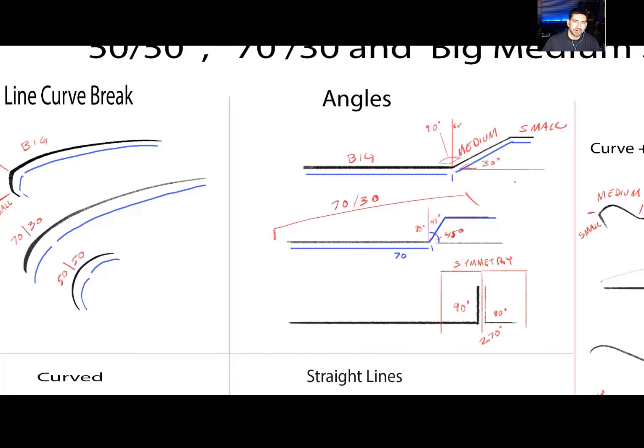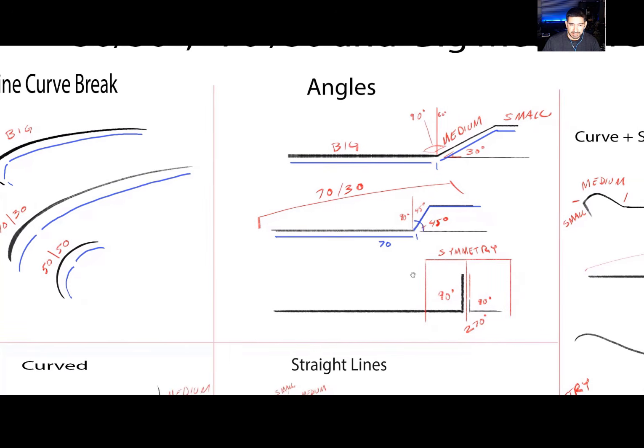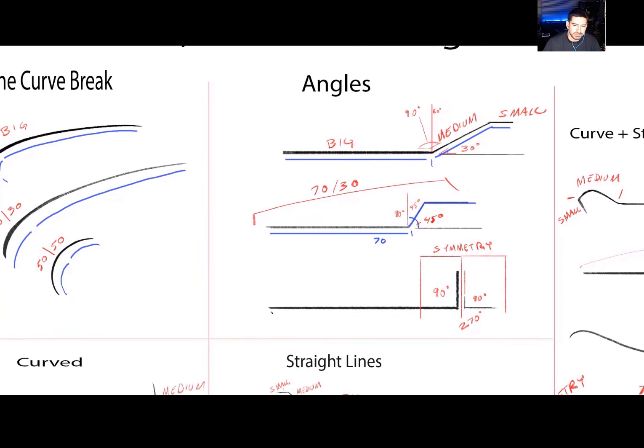If you compare the top and bottom one, it's interesting to see. This one, I mixed the 70-30 with symmetry. And the bottom one, it's all symmetry, other than the big line shape and just the medium sized one.